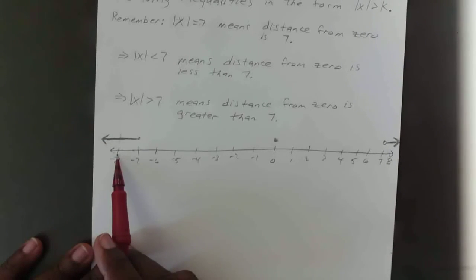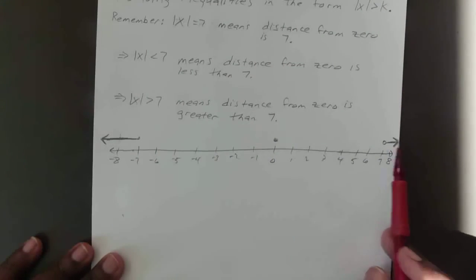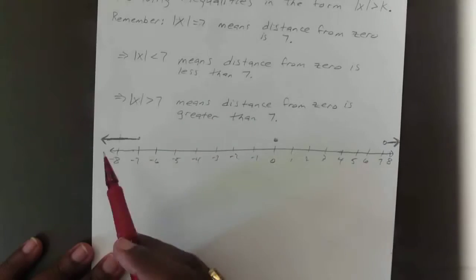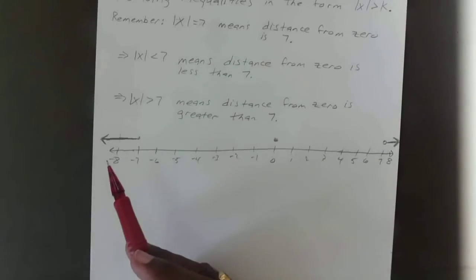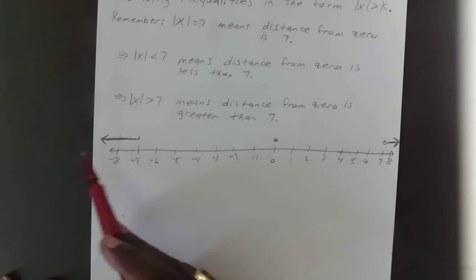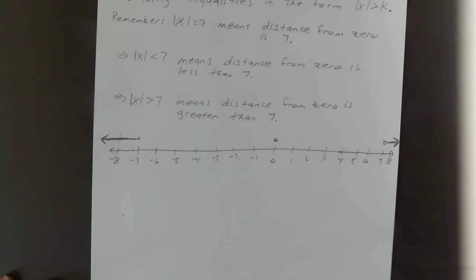If you plugged in -8, the absolute value of -8 is 8, which is greater than 7. Absolute value of 8 is 8, greater than 7. Absolute value of -100 is 100, which is greater than 7. So any number over here would make it true, and any number to the right of 7 would make it true.